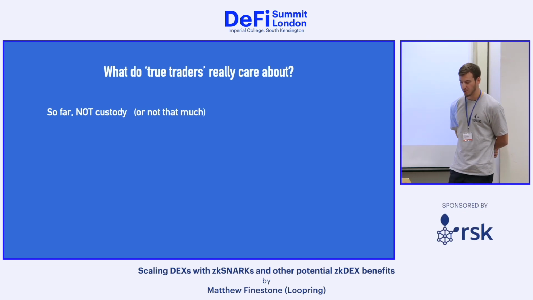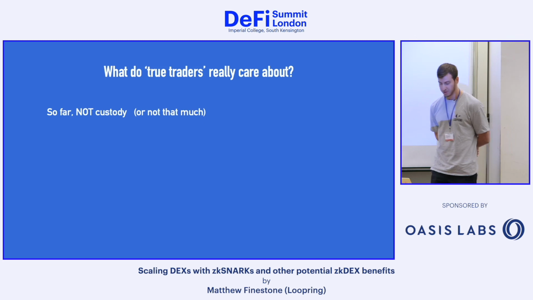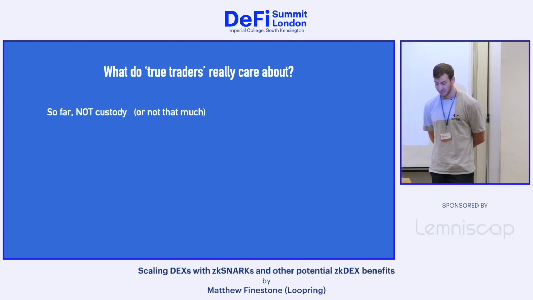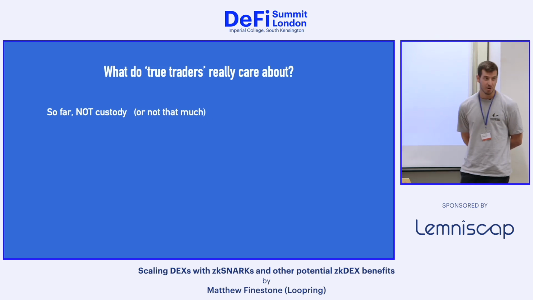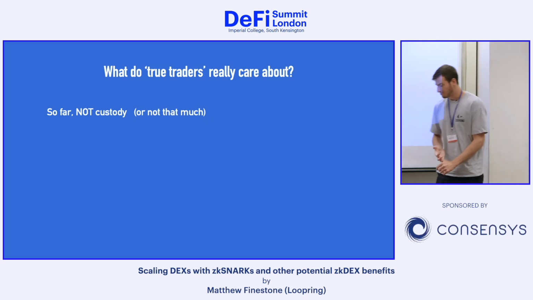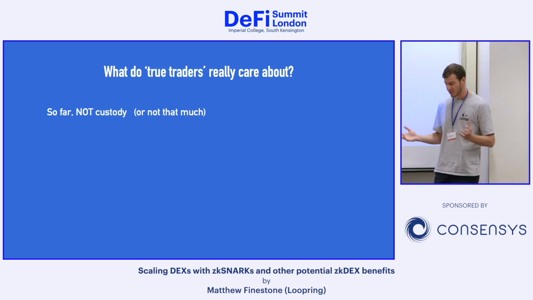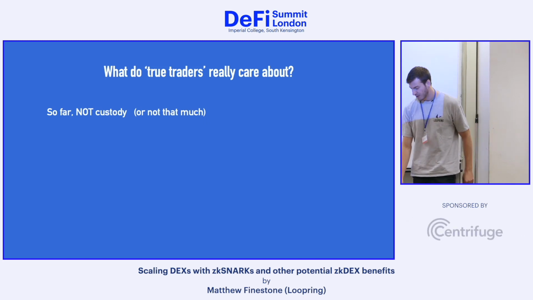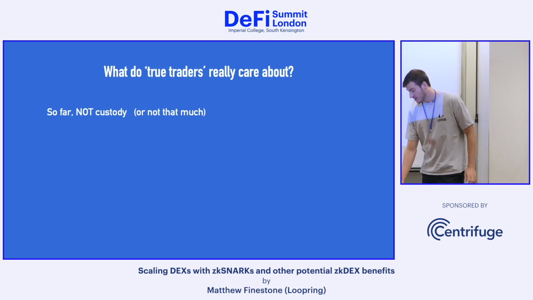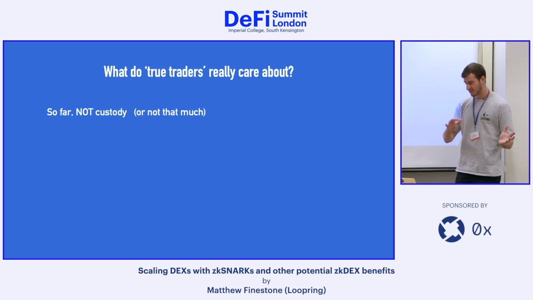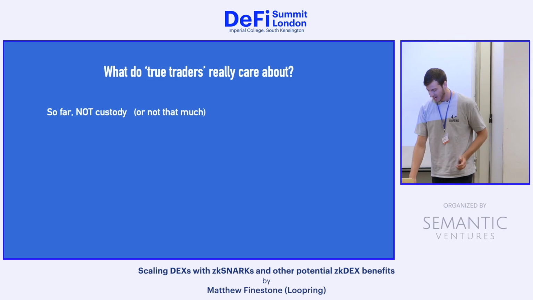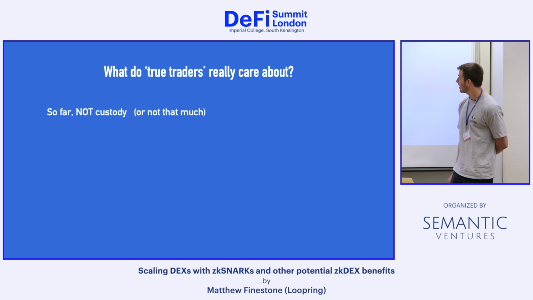The people that do trade on order books are really fine with depositing their hard-earned crypto assets on Binance or less notable exchanges, if that's what they need to get to liquidity and high performance. But we think when performance catches up, we'll be able to take some of that volume from the centralized exchanges.